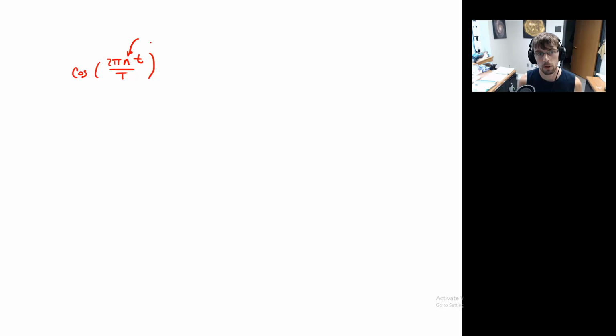And I required that n be an integer. That's actually an artificial restriction. This technique will work if you say that n is not an integer. For example.